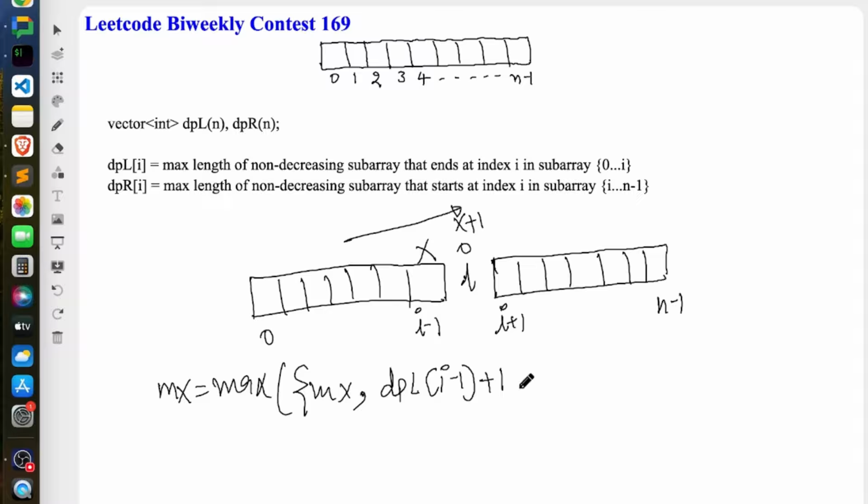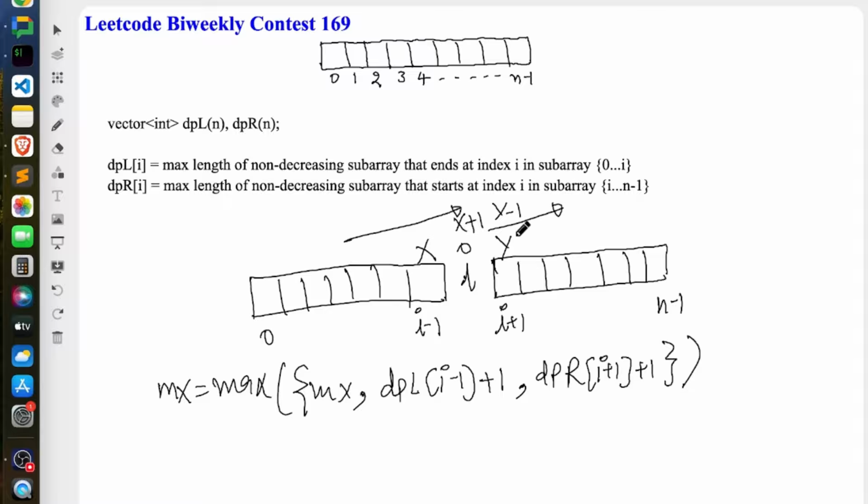Similarly, let's say this number is y. I can also replace this number with y minus 1, right? If you replace this number with y minus 1, this will also be an increasing, I mean non-decreasing, subarray. So your answer is also dp R of i plus 1 plus 1. Right? So these are the options you have.